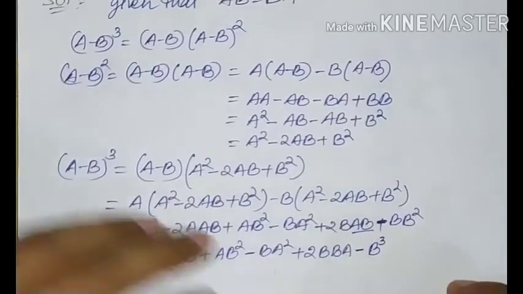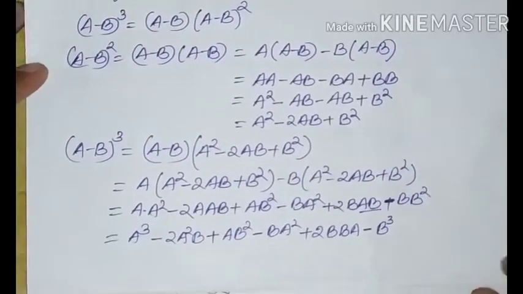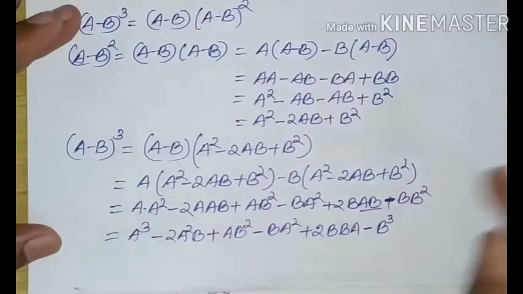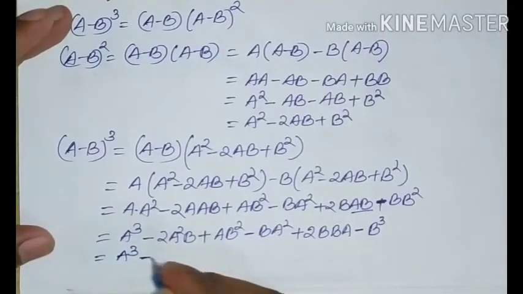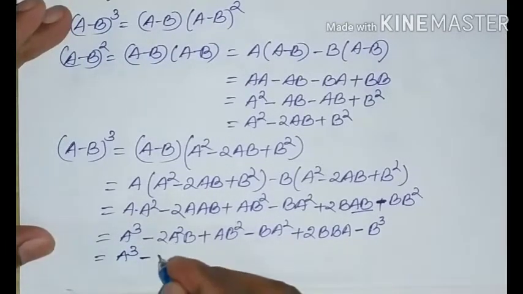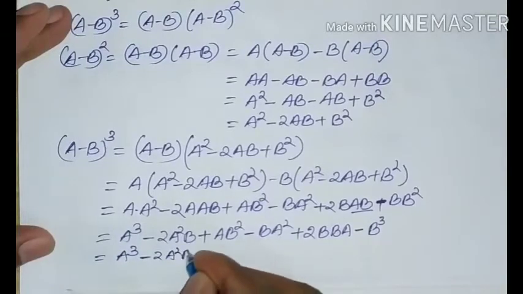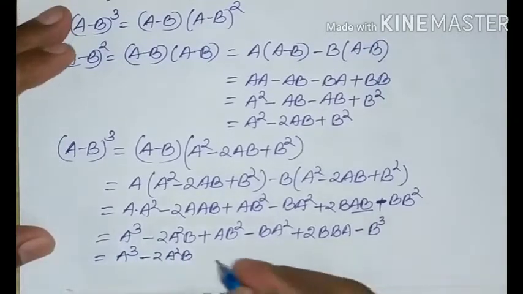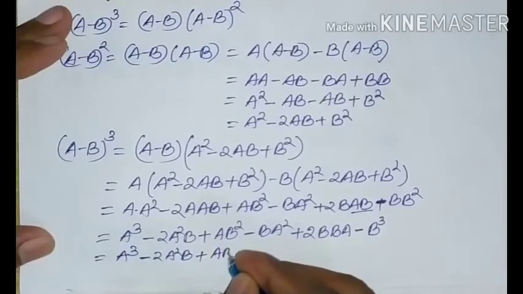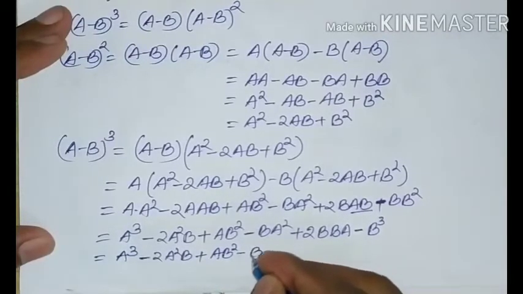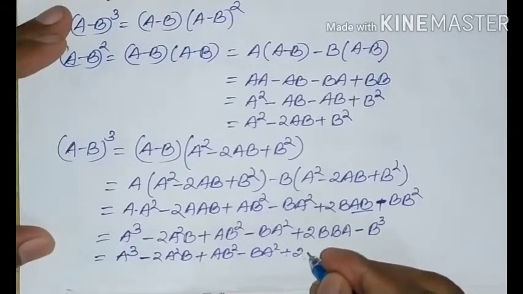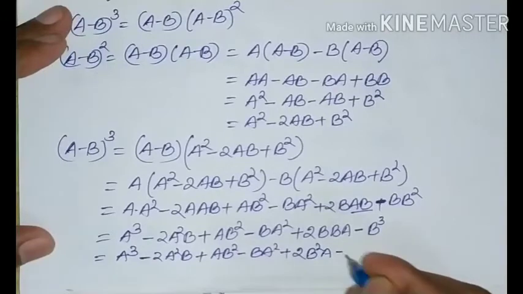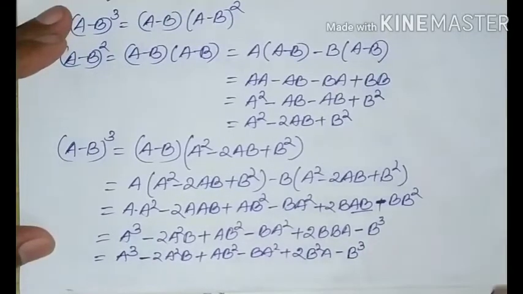Here, this one is A cube minus 2 times A square B, plus AB square minus BA square plus 2 times B square A, then it will be B square A minus B cube.